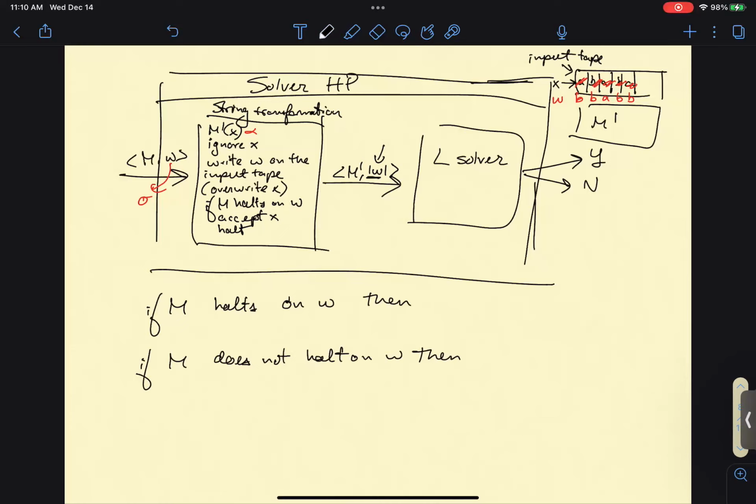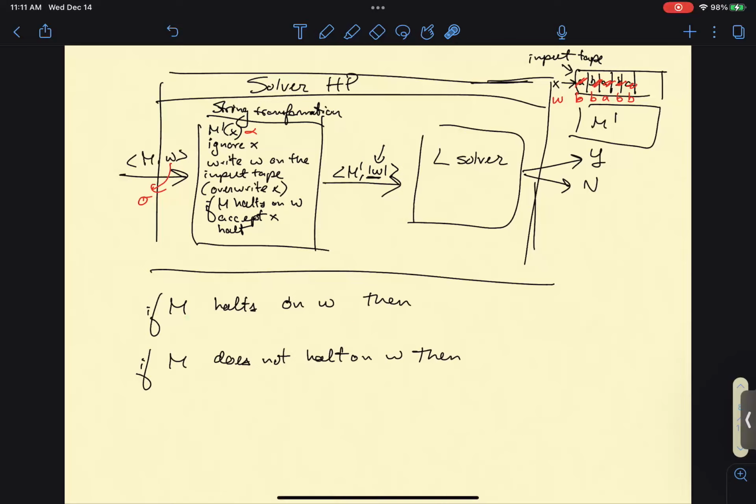Remember, you're taking a Turing machine and some integer, and the L solver is supposed to answer the question: does every string use at least length of W input cells? So if M does halt on W, is the answer yes or no?